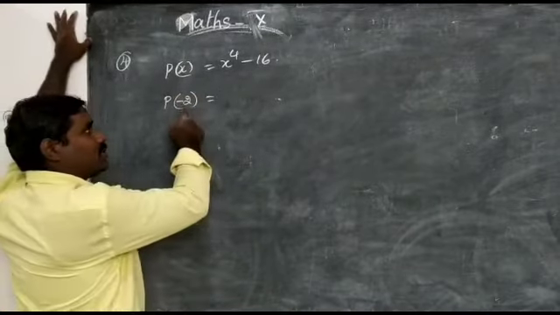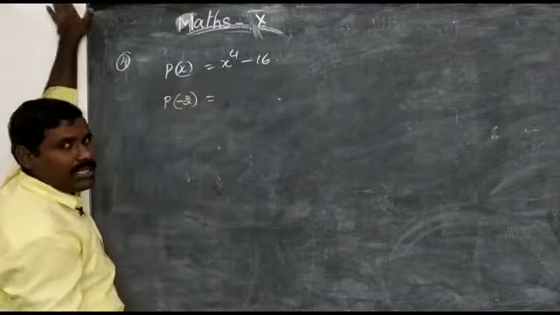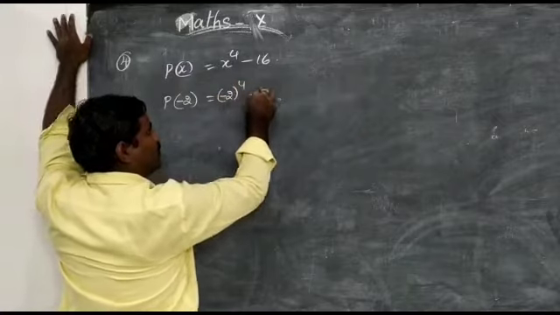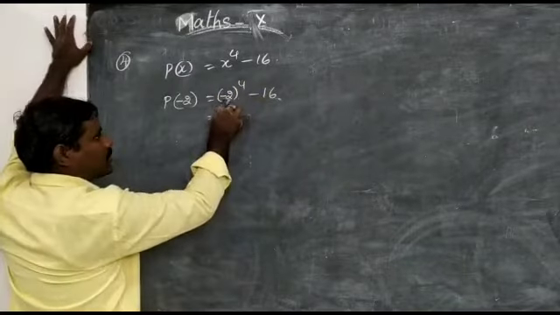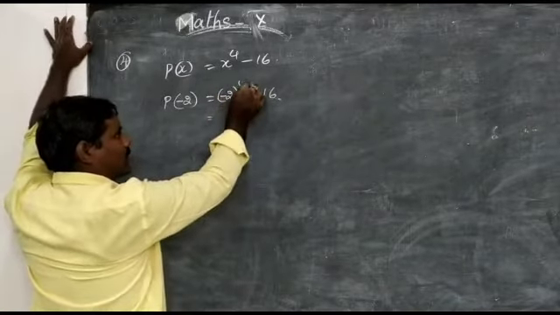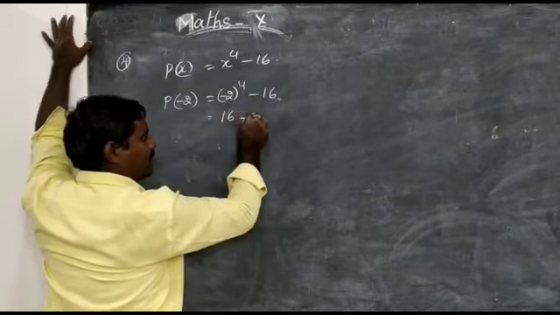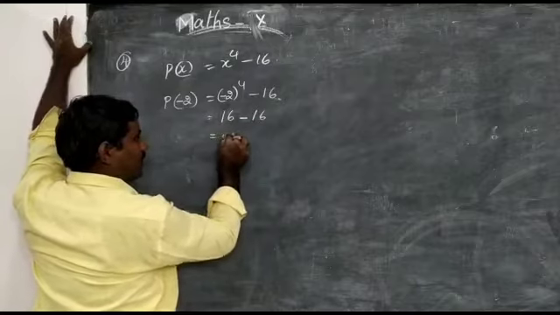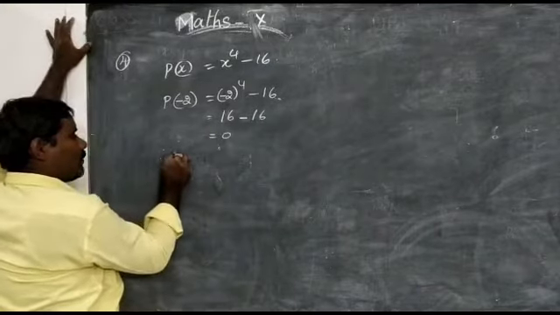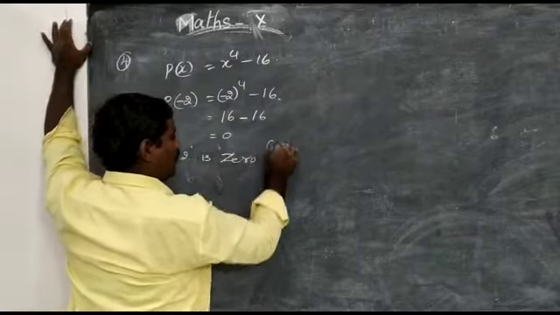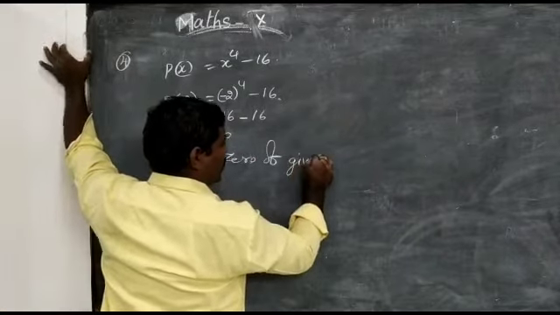If it is a zero of the polynomial, the remainder must be 0. Substitute minus 2 power 4 minus 16. Minus 2 power 4, it is even, so the negative becomes positive. 2 power 4 value is 16 minus 16, so the remainder is 0. Therefore, minus 2 is a zero of the given polynomial.